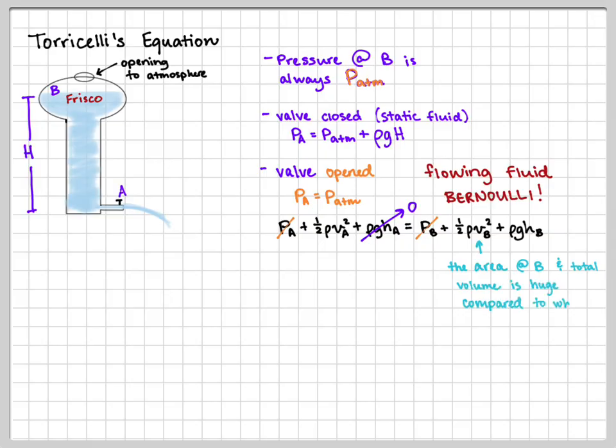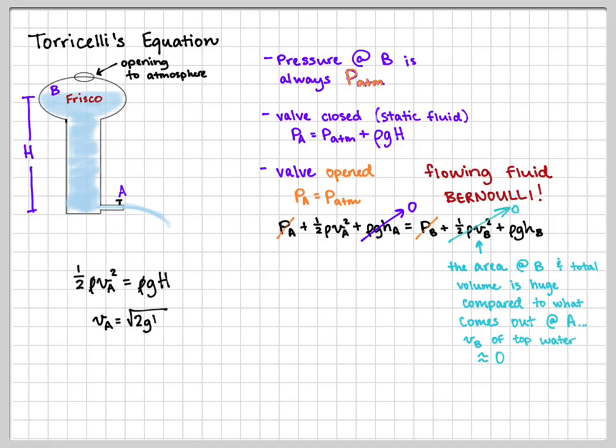If I open this valve at A, it's going to take forever for the whole water tower to drain. The height of the water column is going to decrease very, very slowly, and that's what we're considering the velocity at B to be. So let that be 0.